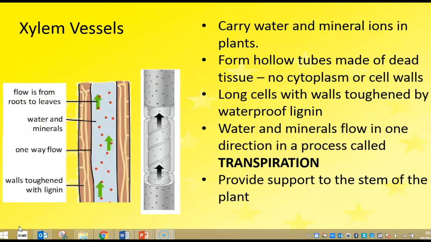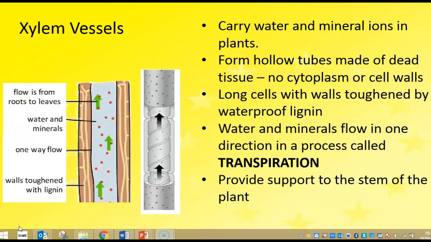They're no longer living. They have a tough outer wall, and they are covered in this material called lignin, which is waterproof, and so therefore it stops the water from passing out of those xylem vessels as it's being transported up the stem of the plant. The water can only go in one direction.